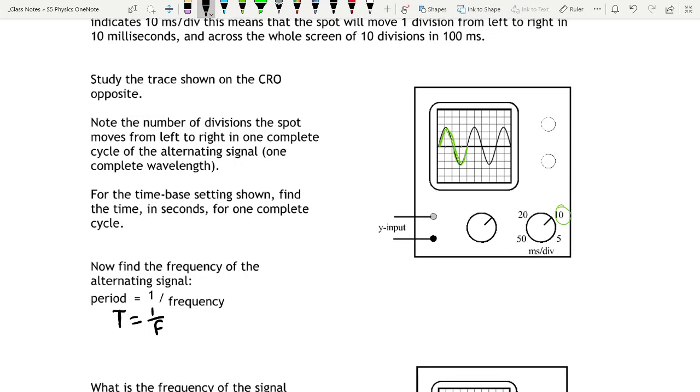So for the time base, we've got 4 boxes, so 4 times 10 milliseconds. So 40 milliseconds in one wave. That's the time period. So the time period is 40 milliseconds. But remember, for frequency, we need it in seconds. So 40 times 10 to the minus 3.